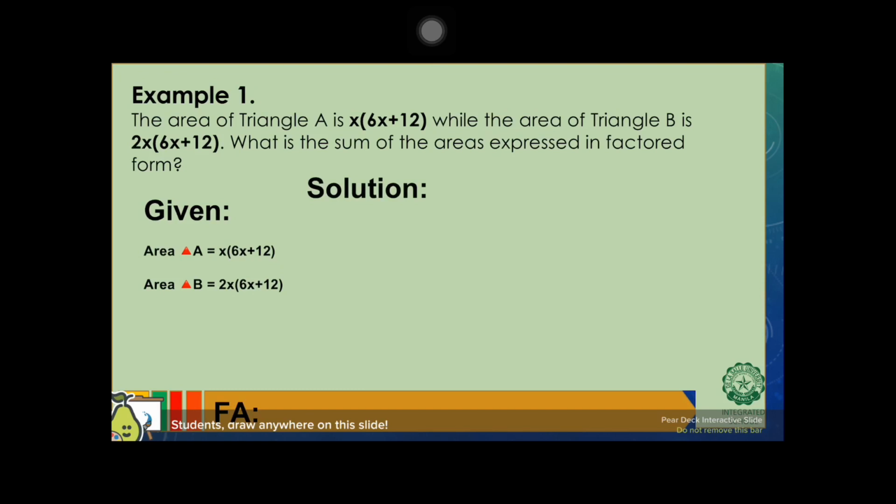For our solution, since we are supposed to look for the sum of the two areas, we will be adding the two areas.